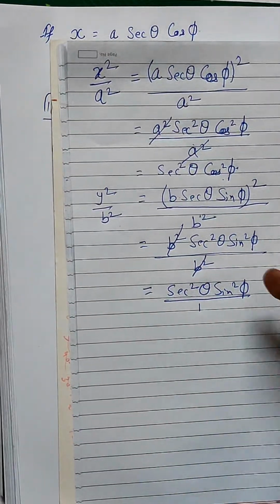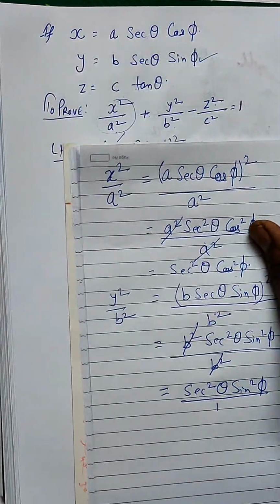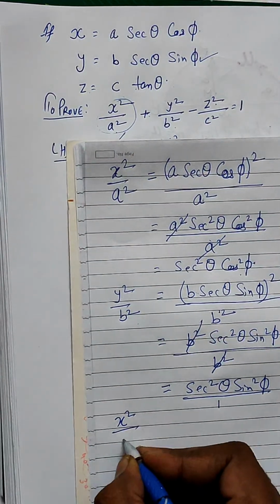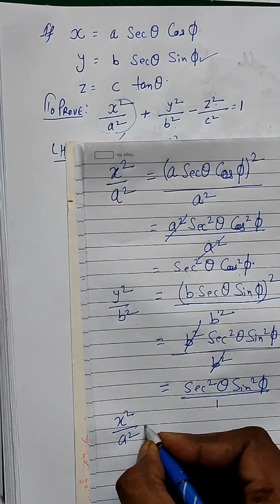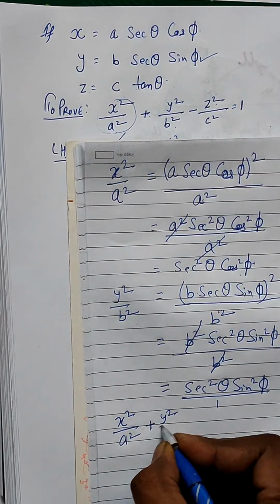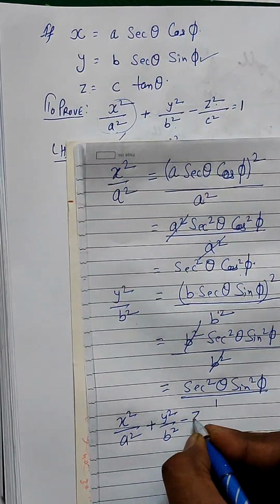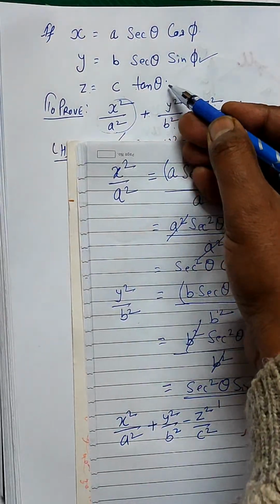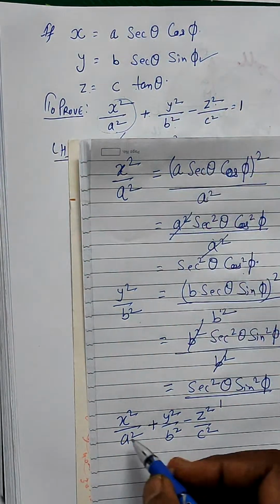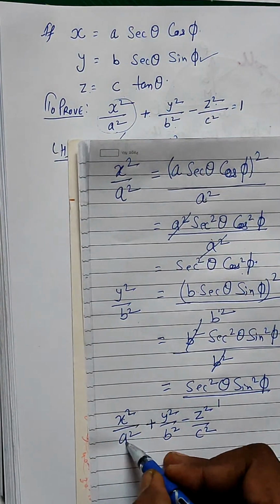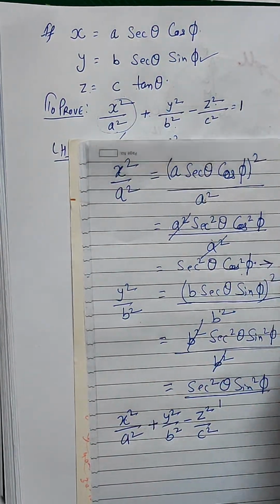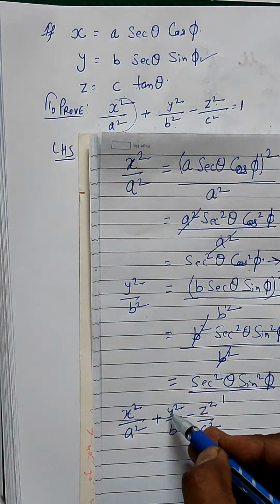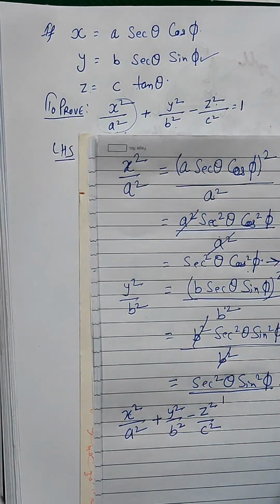Now we have to prove x square by a square plus y square by b square. So what will be the value of the LHS? LHS is x square by a square plus y square by b square minus z square by c square, where the value of z is c tan theta. Now x square by a square, what is the value? Take from equation number 1 here. What is the value of y square by b square? Take from equation number 2 here.